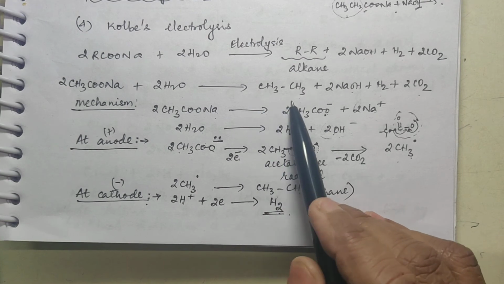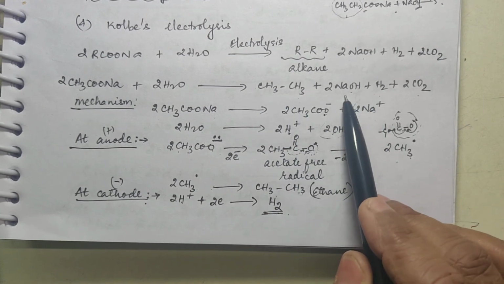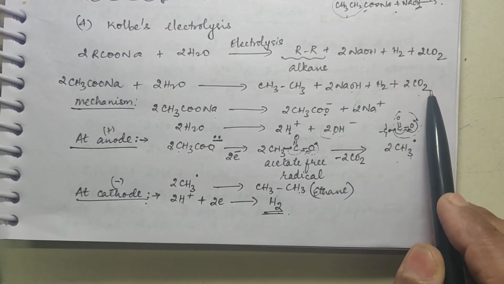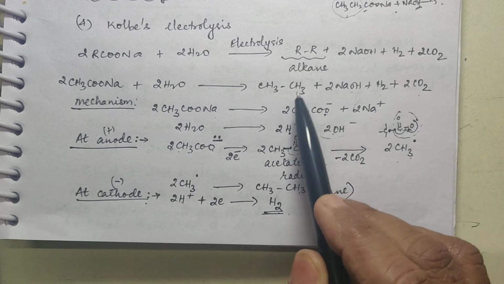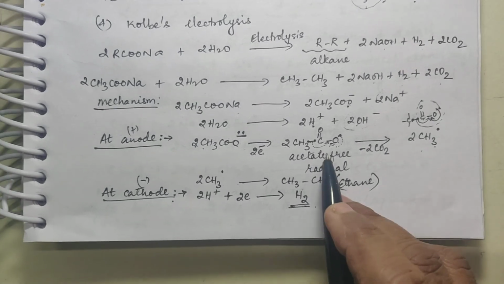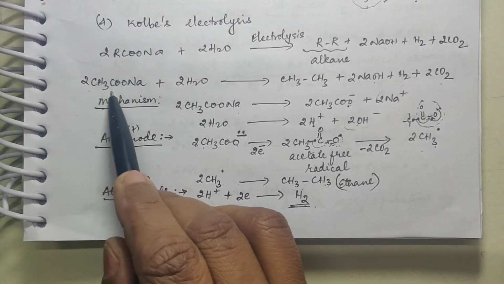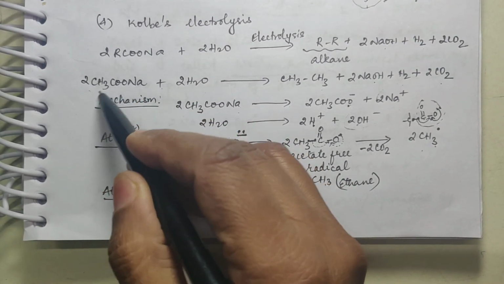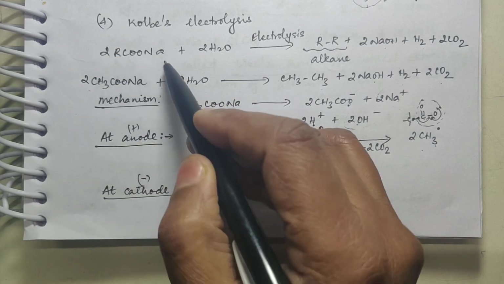What are the products? Alkane, NaOH, hydrogen, and CO2. Is that clear? Now for the alkane that is formed, how do you determine which alkane is formed? Whichever sodium salt you are starting with, it has one R and then COONa.